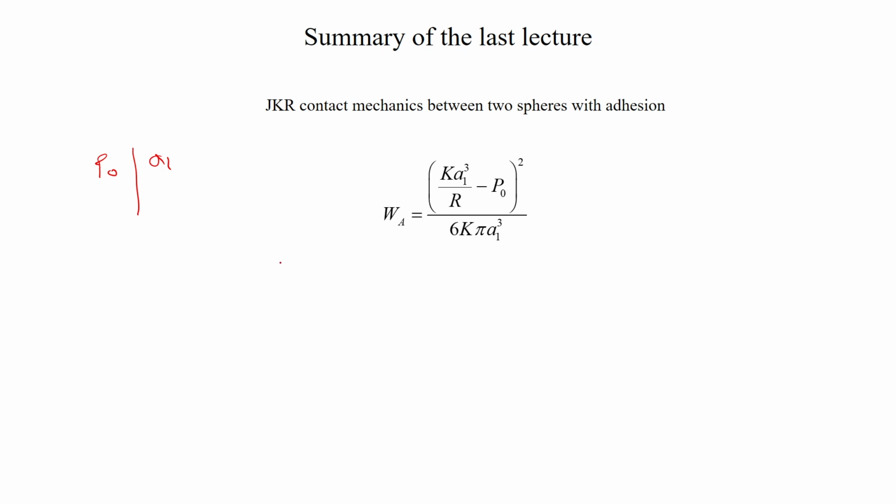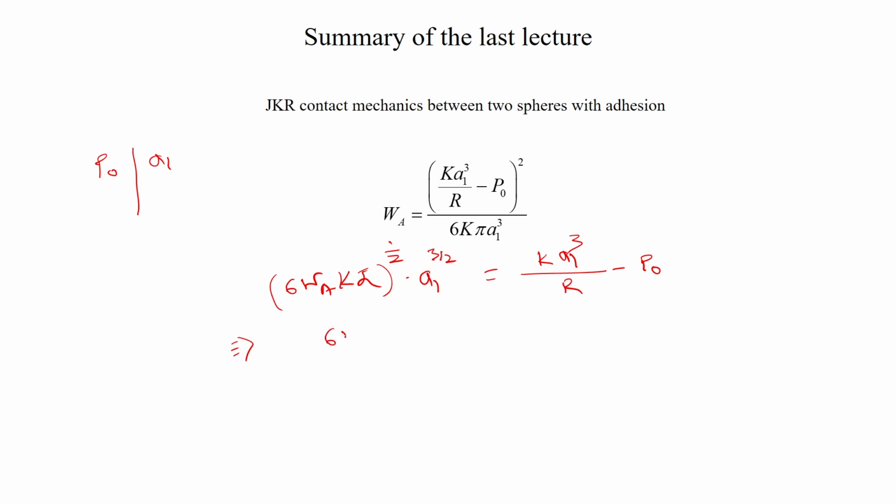Let us say I write it something like this: 6 WA K pi, square root, A1 to the power 3 by 2, will be equal to K A1 cube by R minus P0. I can divide both the left hand side and the right hand side by A1 to the power 3 by 2.